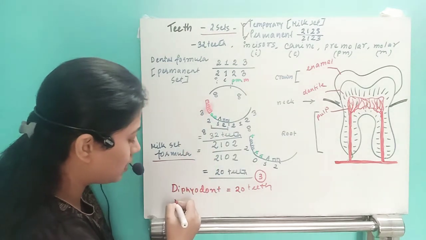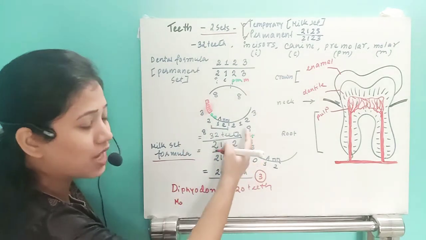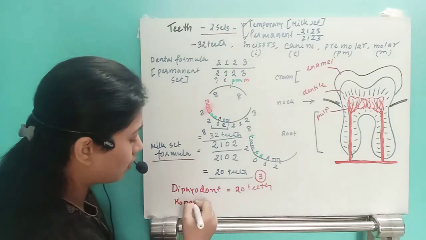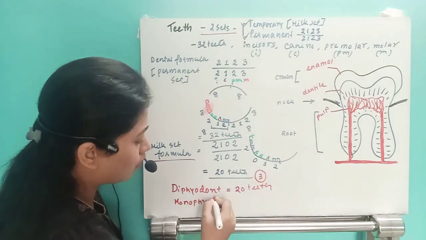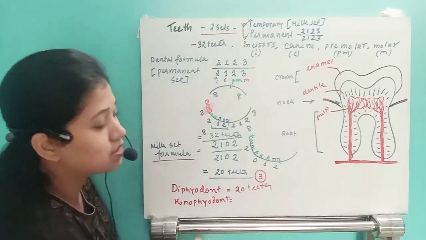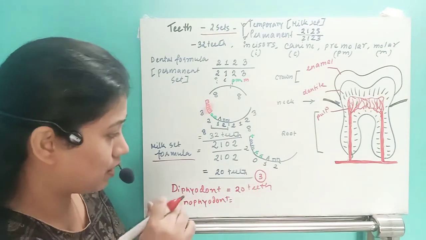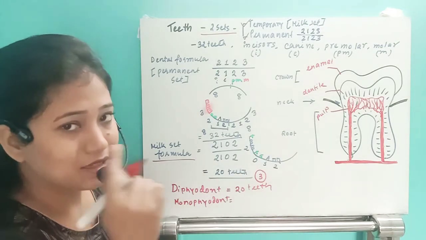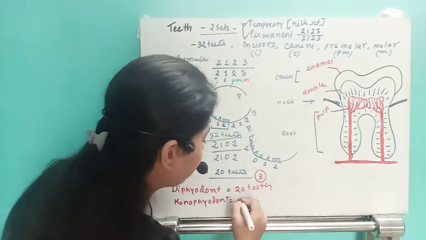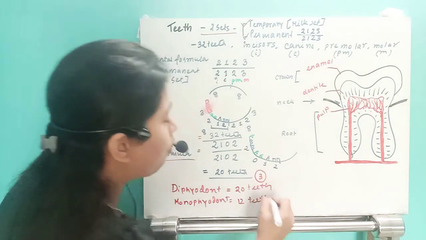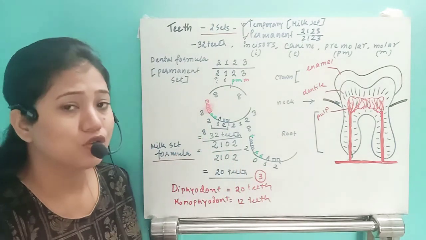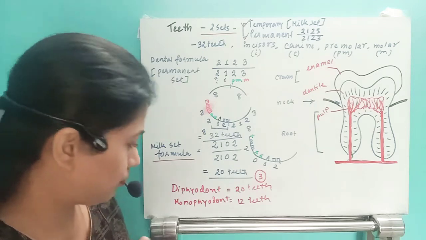But the premolars and the last molar are monophyodont. That means the 3, 3, 6, 6, 6, 12. These 12 teeth will grow only in the permanent set, not in the milk set formula.